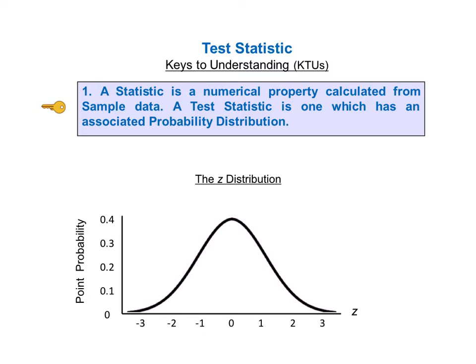For example, we can visually see that the point probability of Z equals 0 is about 0.4, and the point probability of Z equals 1 or negative 1 is around 0.3. But point probabilities of test statistics are not all that useful. Much more important are cumulative probabilities, the probabilities of ranges of values.